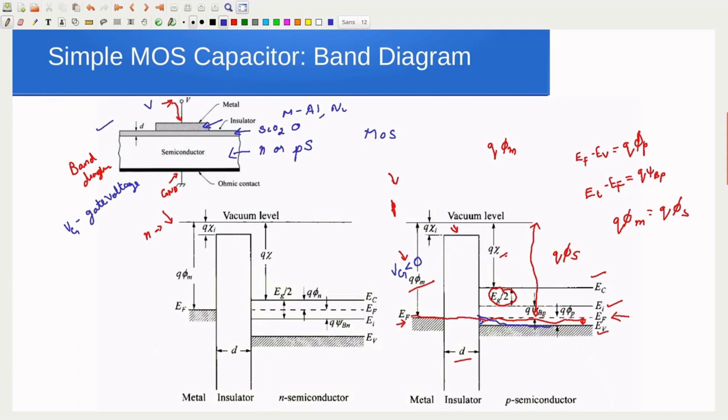And because of this accumulation, the band is bent upwards. So there will be a bending of the energy band at the insulator semiconductor junction. This type of bending is also known as accumulation, as holes are being attracted by the applied negative voltage to the junction between insulator and semiconductor.